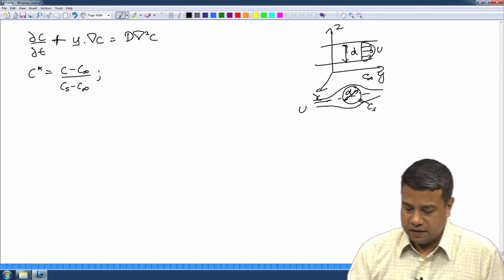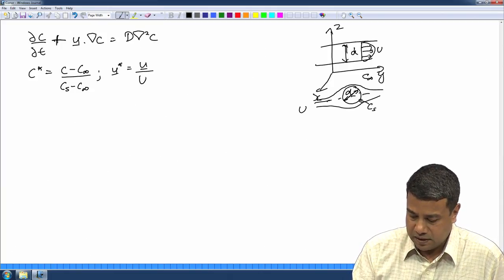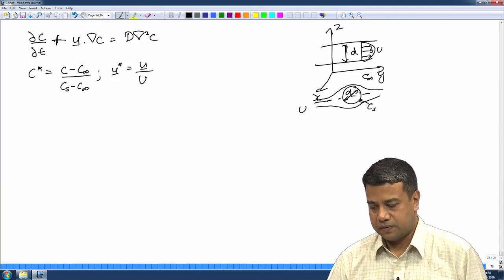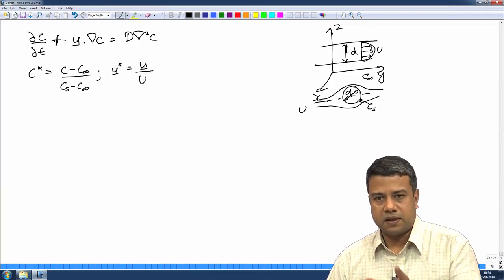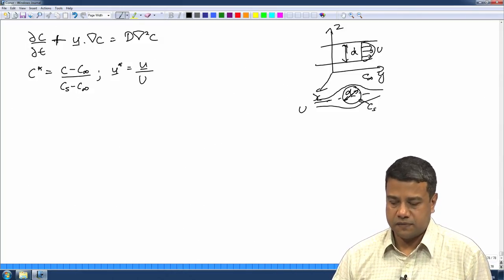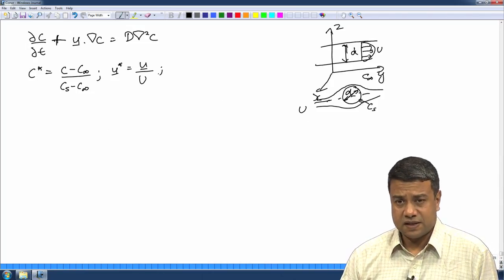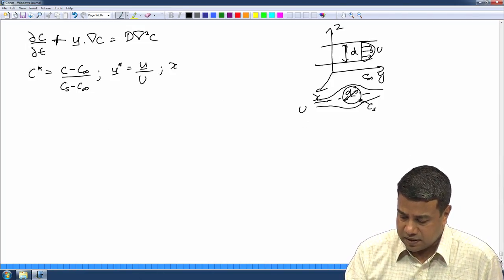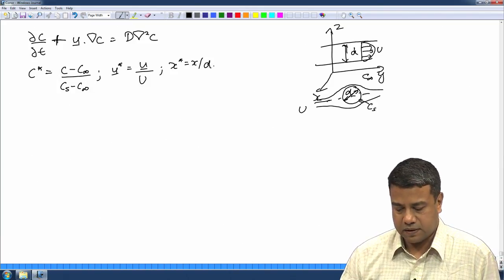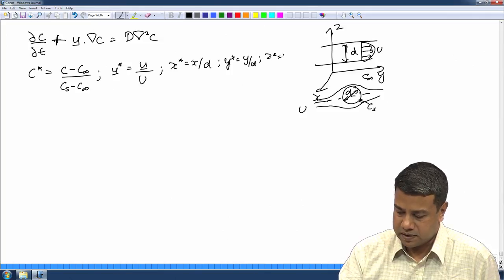One can define the scaled velocity u star is equal to u by the characteristic velocity capital U, which is the average velocity of the flow through the pipe for internal flows or the flow around the object for external flows. I can also scale the length scales. In general, I would scale the length scales as x star is equal to x by d, y star is equal to y by d, and z star is equal to z by d.